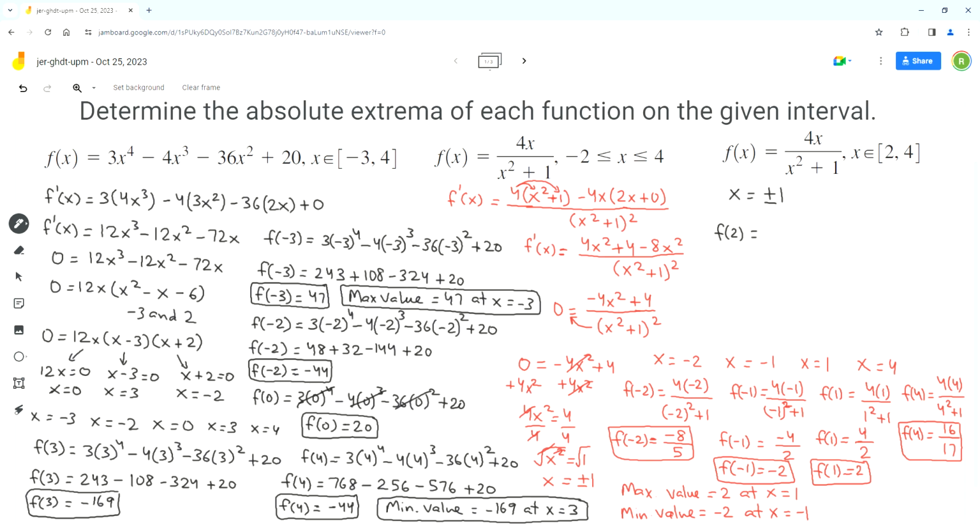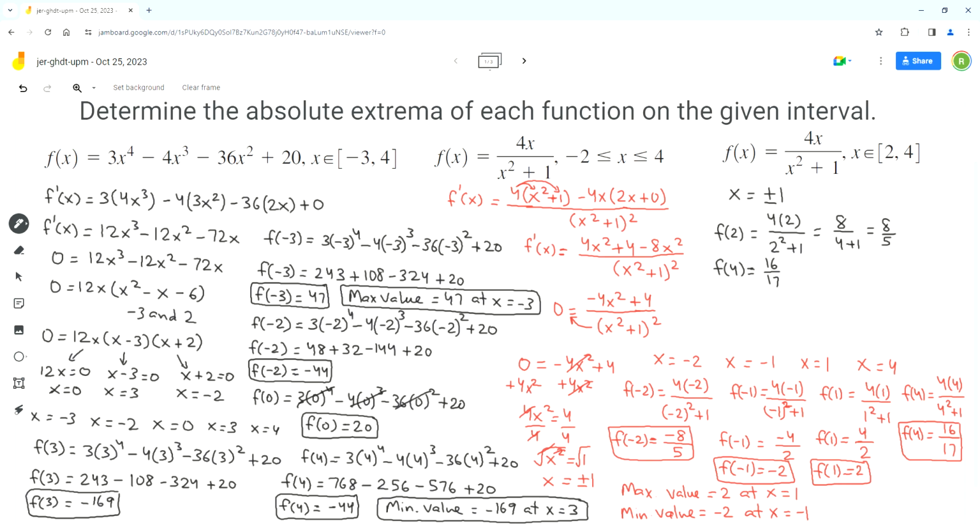So for f at 2, we'll do 4 times 2 over 2 squared plus 1, which is equal to 8 over 4 plus 1, which is equal to 8 over 5. Now we already calculated in the second problem that f at 4 is equal to 16 over 17.